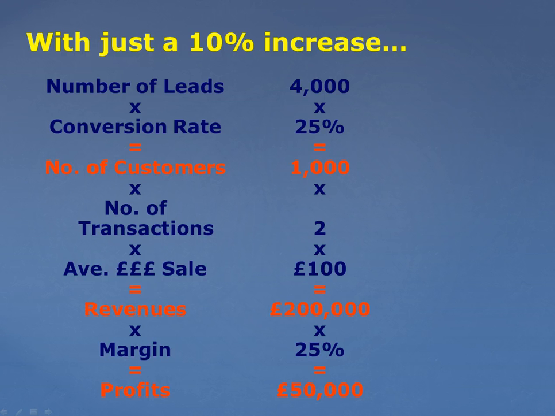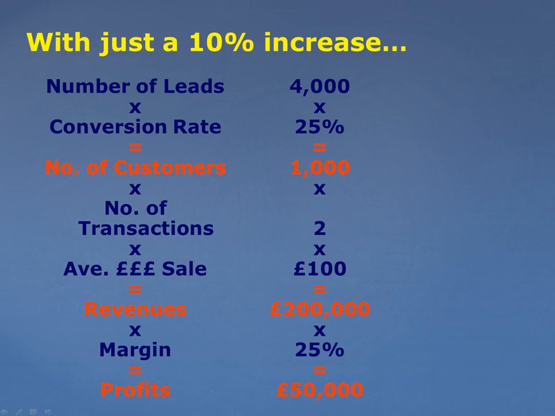In this little business, let's pretend that of those 4,000 prospects, 25% purchased, so you had 1,000 customers, and let's pretend they came back on average twice a year. So you've got a total of 2,000 transactions, if that makes sense. We're going to give it an average sale of about £100, dollars, euros, wherever you're from.